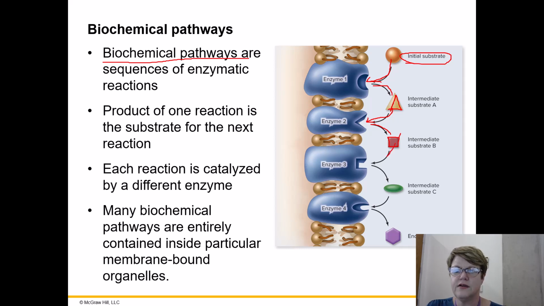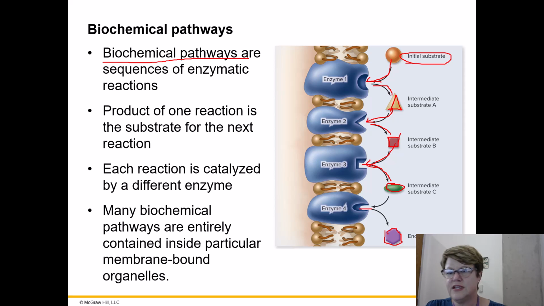And then the square goes into enzyme 3, and the square gets converted into the green oval. And then the green oval goes into enzyme 4's active site and gets converted into whatever the final product is, this purple hexagon. And there don't have to be just 4 steps.